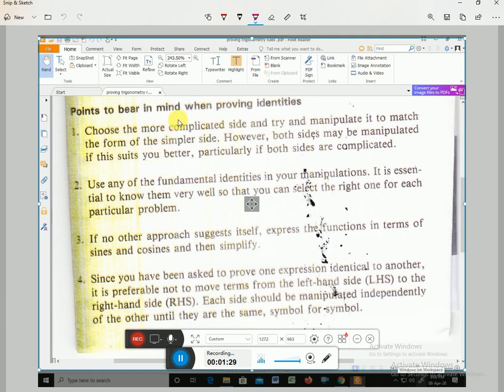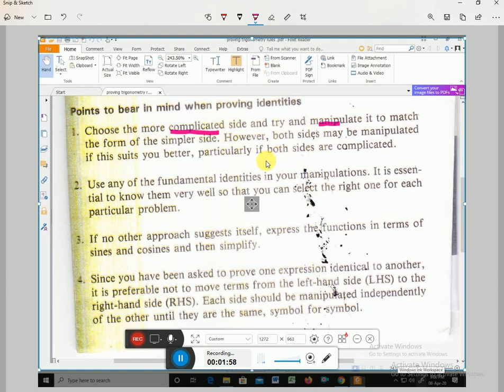Can I say in our language we might also use difficult instead of complicated? We might say choose the most difficult side. Try and manipulate. Manipulate is just to simplify.